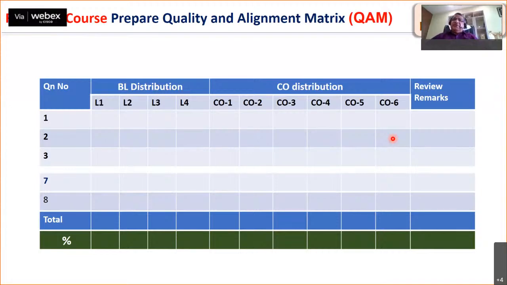If you are a university setting the question paper, you have full freedom to decide about the quality and alignment yourself, and you can decide what should be the percentage of marks for L3, L4 and what should be the percent of L1, L2. But ultimately, in a year or two, you have to reach that 40, 60. That is the idea.